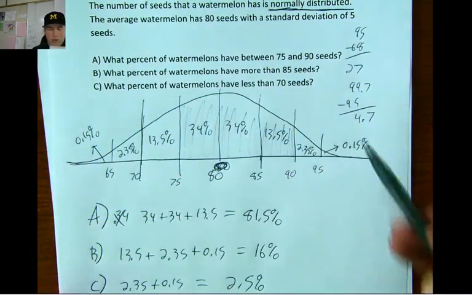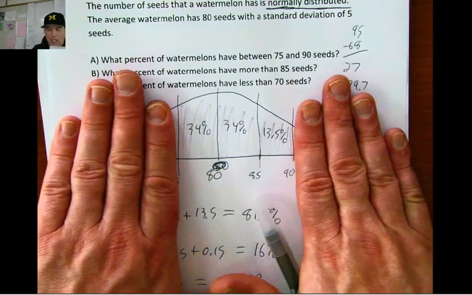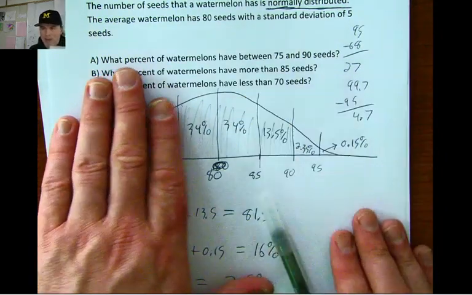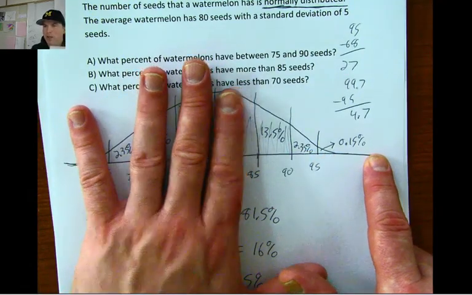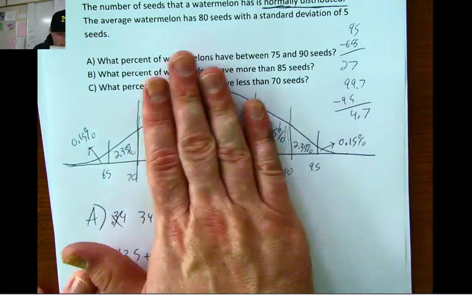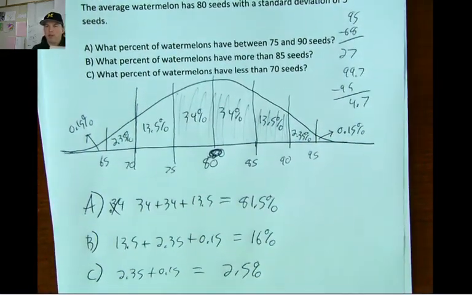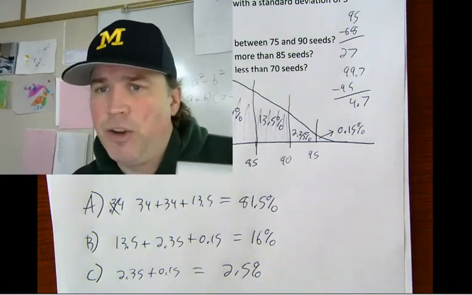Then, as you work the questions, you just think, well, if I was shaded between 75 and 90, what do those three sections add up to? More than 85, what do the sections above 85 add up to? Less than 70, what do the numbers less than 70 add up to? These problems always work out the same, and if you're able to do this one example perfectly with complete comprehension, you'll probably be able to do the rest of the homework as well too.